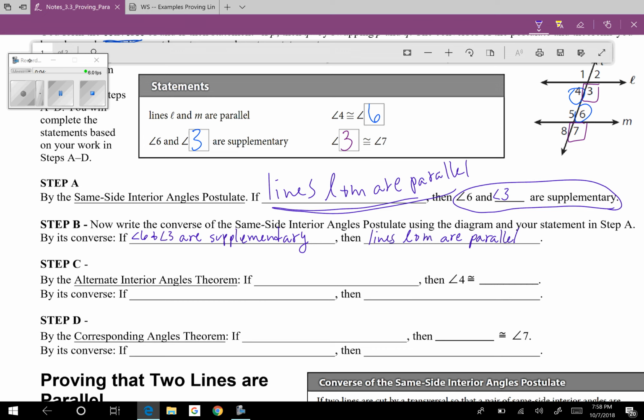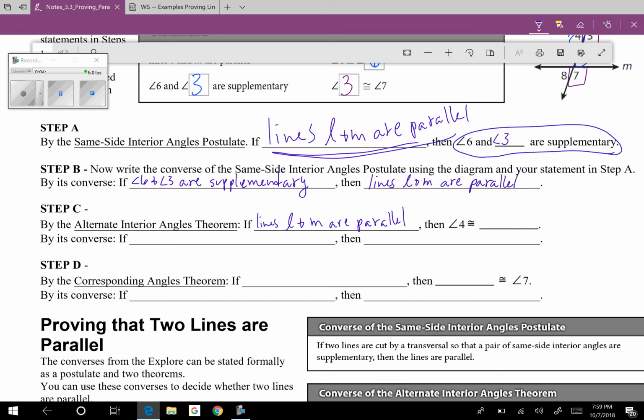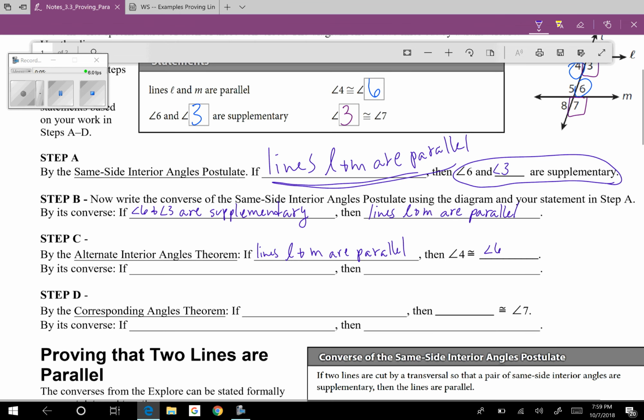All right, now, alternate interior angles theorem. So we'll start off. If lines L and M are parallel, then angle 4 is congruent to angle 6 because of the alternate interior angles theorem, because 4 and 6 are alternate interior angles.